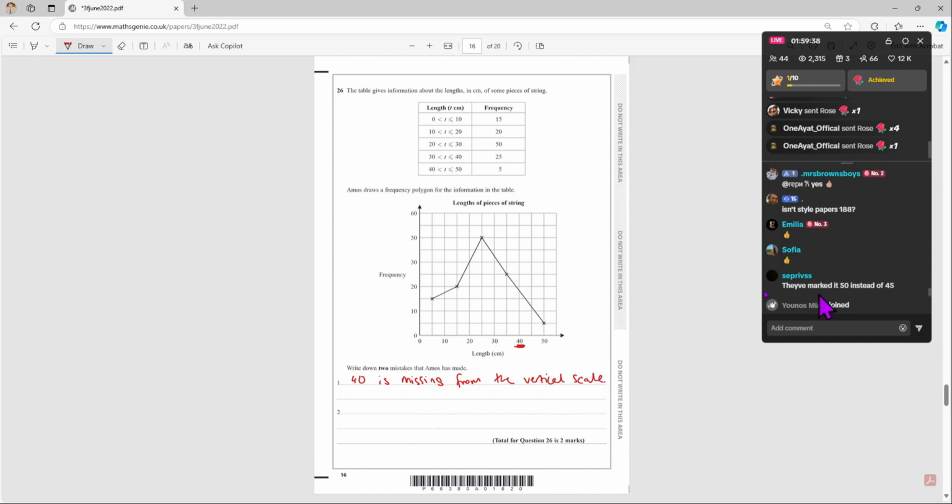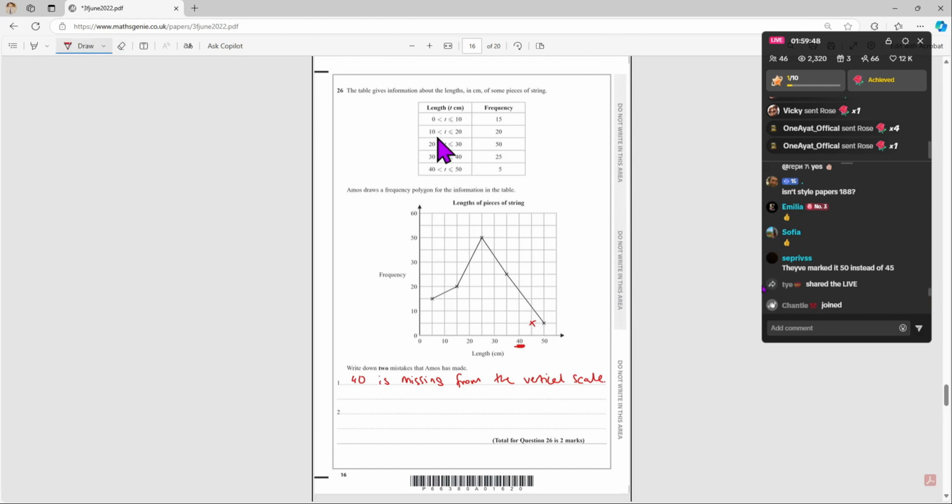And lastly, it was supposed to be 45. It was supposed to be this line where they were supposed to mark it, right here. Because whenever we're doing it, you always do the midpoint instead of the end number.